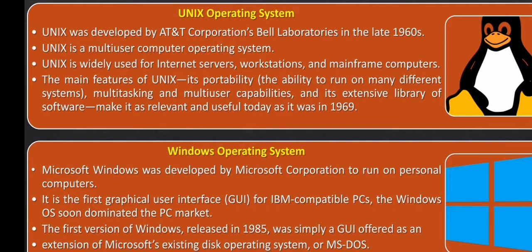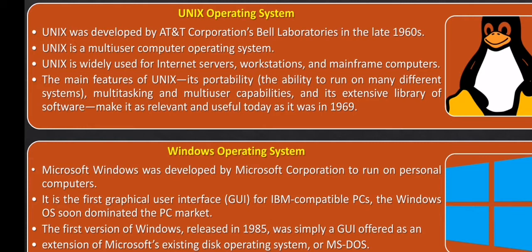The main feature of Unix OS is its portability, or the ability of Unix to run on many different systems, multitasking, and multi-user capabilities, and its extensive library of software, making it as relevant and useful today as it was in 1969. We will now discuss this further as we go on.